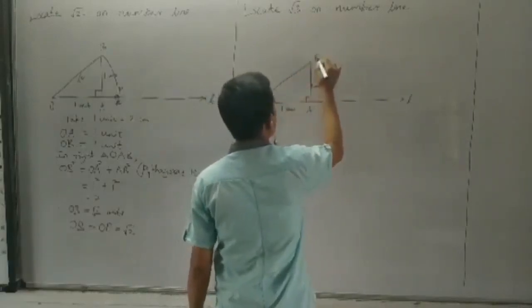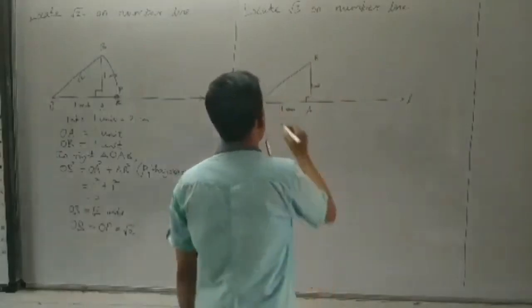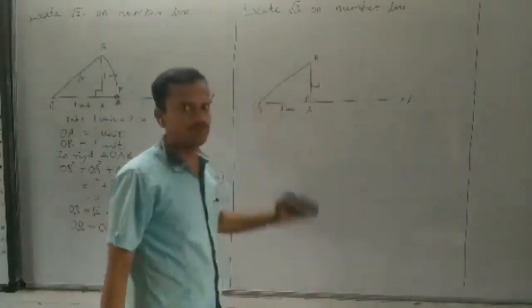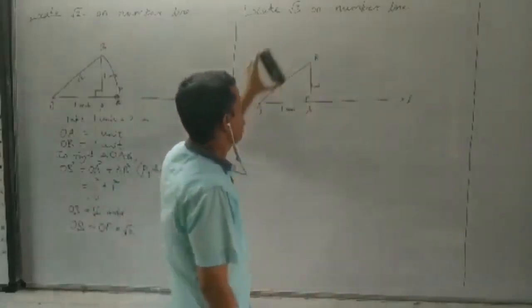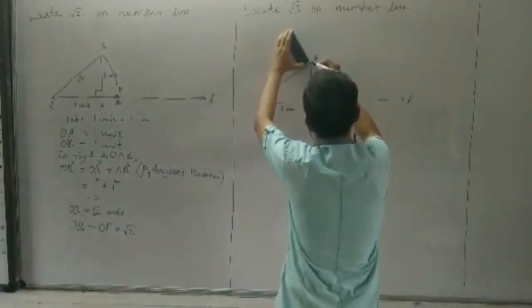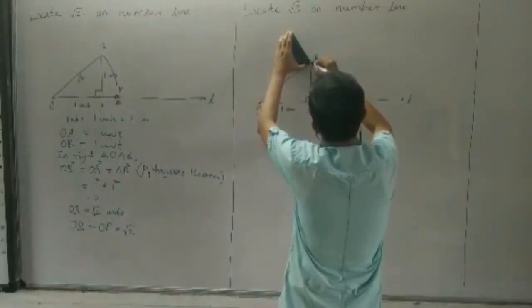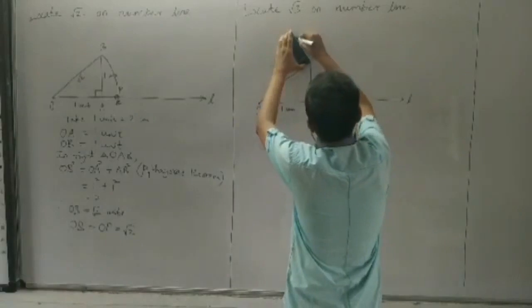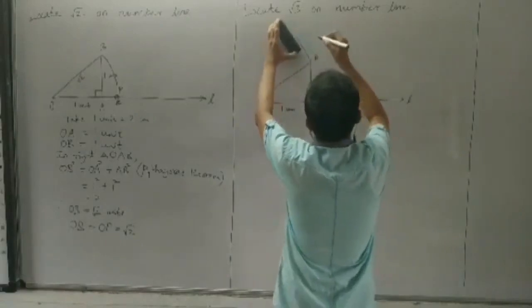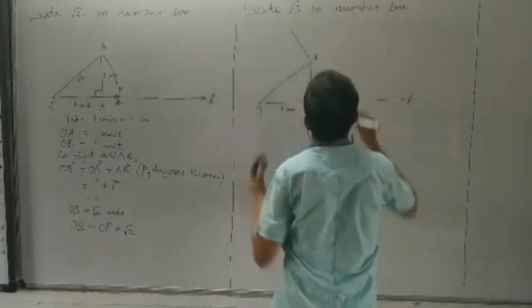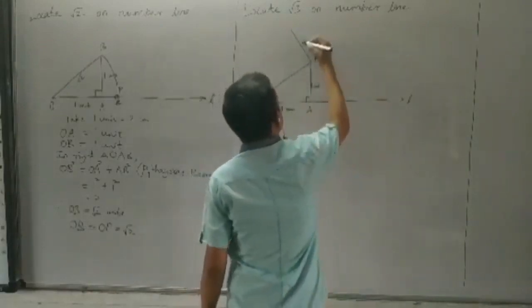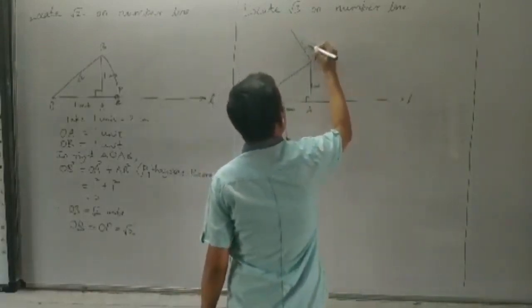This is B. And now again, keeping OB as horizontal, you draw another perpendicular at B. From here, you draw another perpendicular, like this. And you take the same 1 unit measure here, 1 unit.